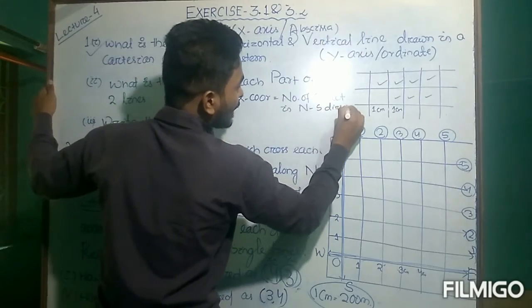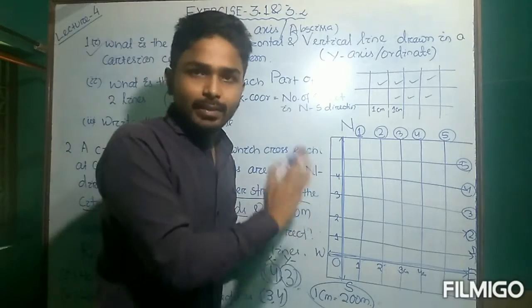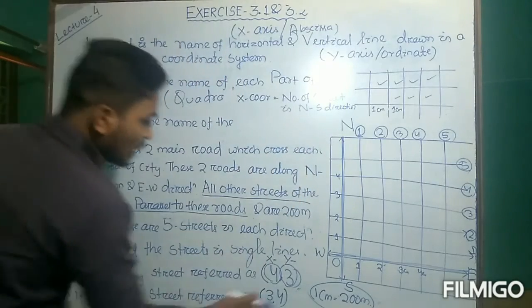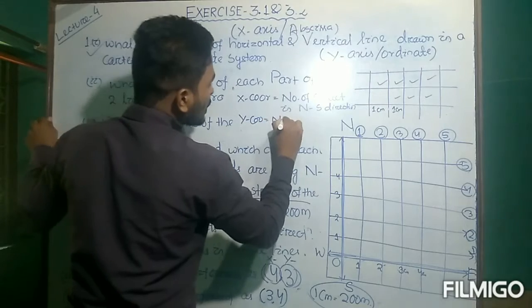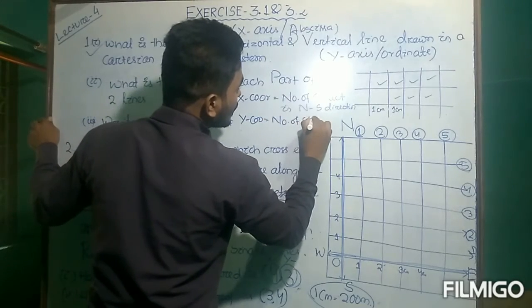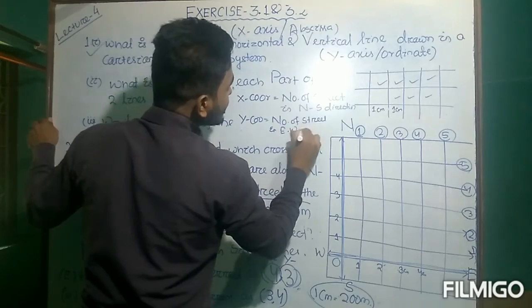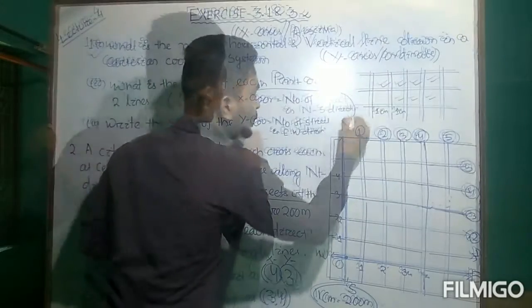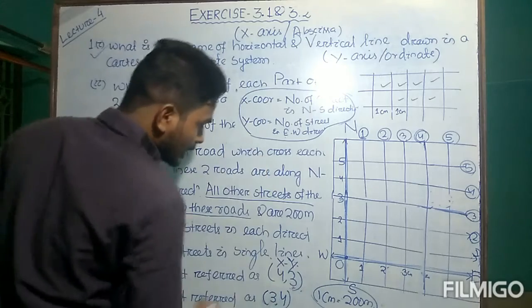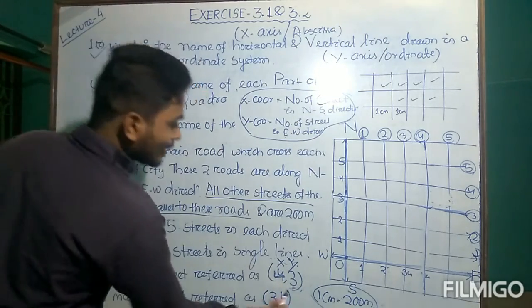I have not mentioned it on this whiteboard due to shortage of space, but it is given in the book. Similarly, the y coordinate means the number of street in the east-west direction.